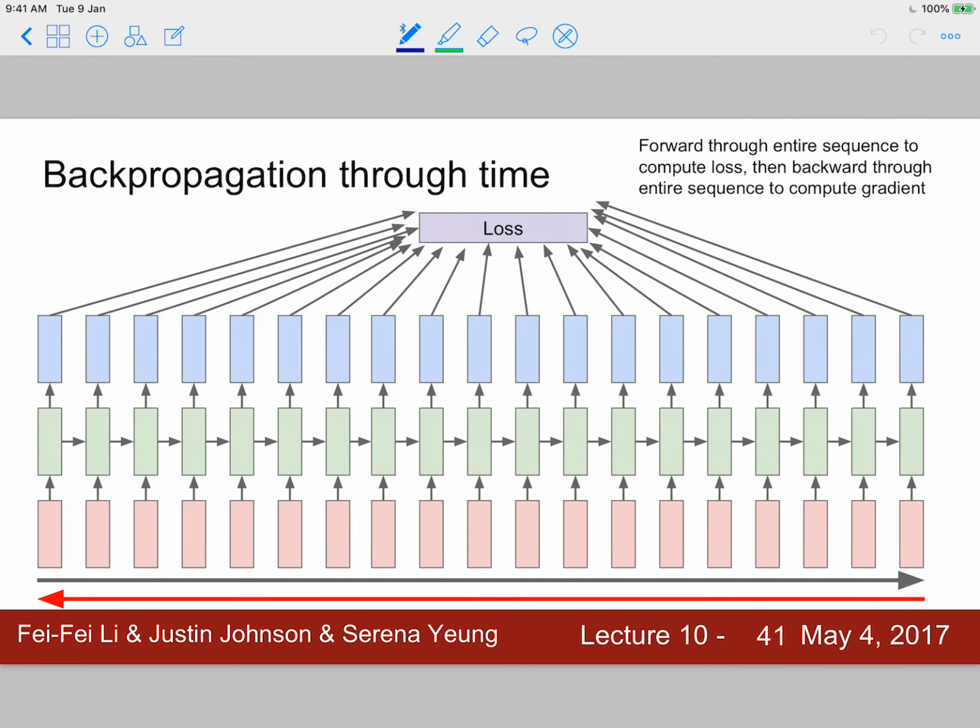So we have two sets of the gradient assigned to WHY, and then they will be added together, right?